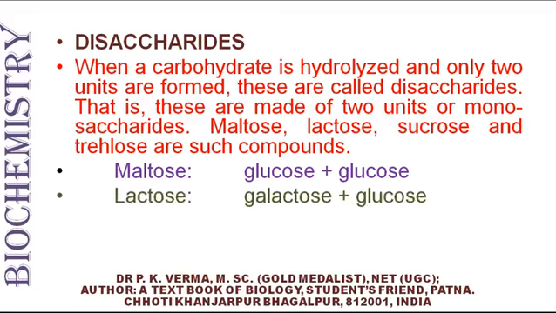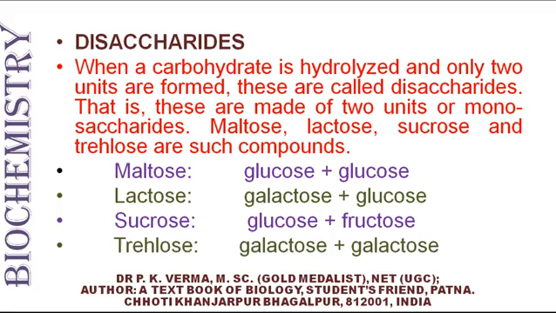The milk sugar lactose has galactose and glucose, and the common sugar or cane sugar, sucrose or invertose, has glucose and fructose, D-glucose and L-fructose. In trehalose, commonly found in insects and arthropods, two molecules of galactose join together.